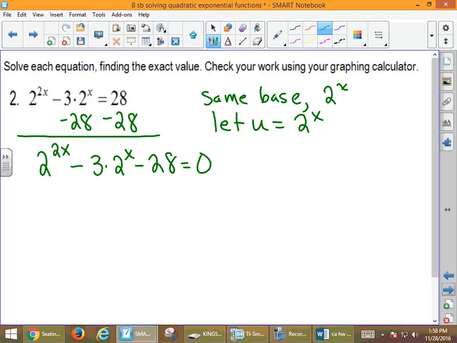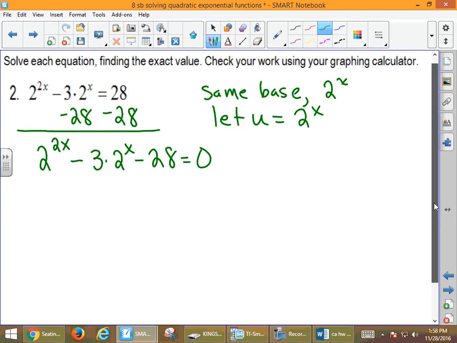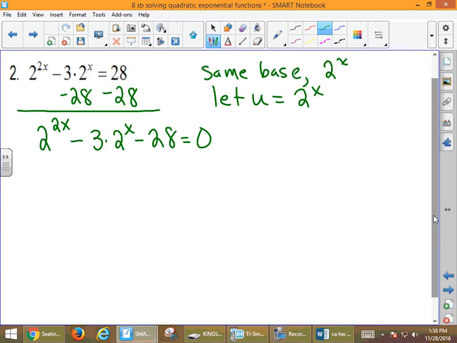And again, we're going to substitute in the u, but I do want to rewrite one more thing that some of you may need to do and some of you might not need to do. But this can be rewritten as 2 to the x squared. Because remember, the power rule, the superpower, as I usually call it, means that we would multiply these two together. x times 2 is the same thing as 2 times x.